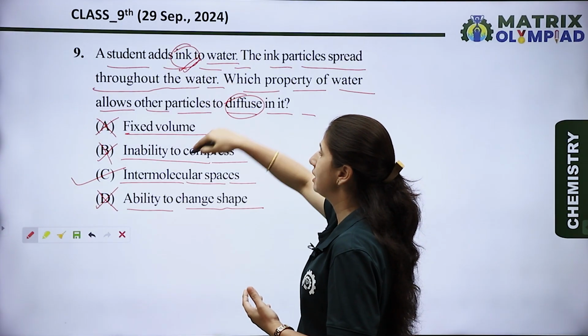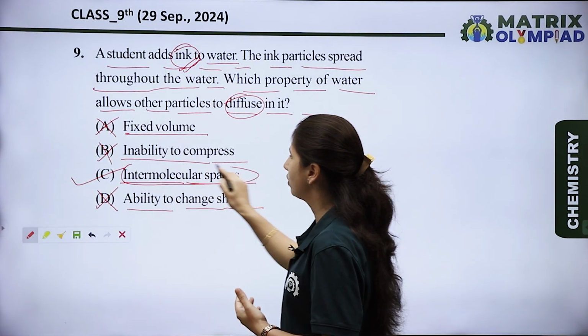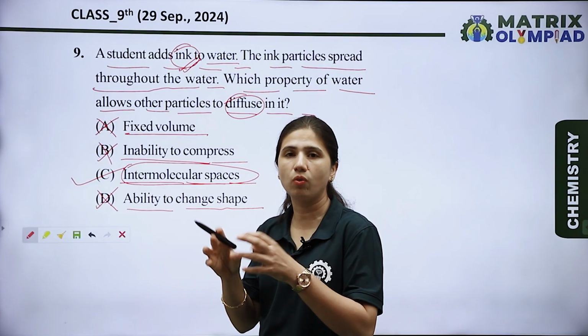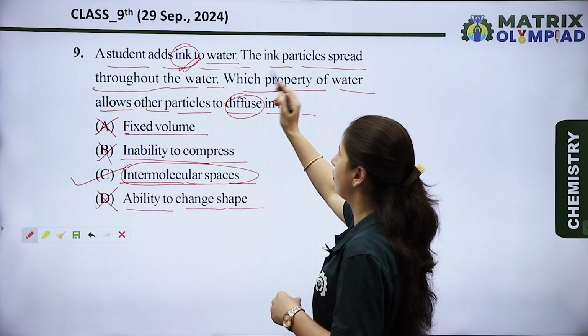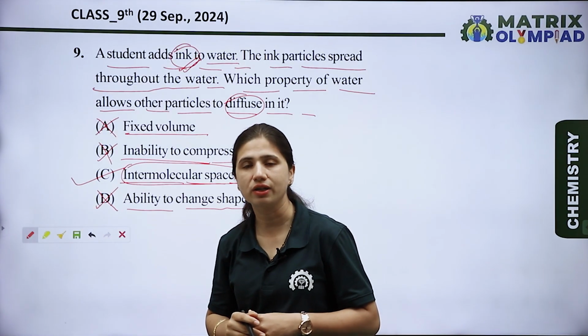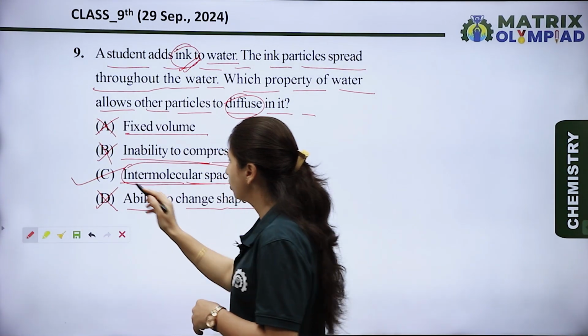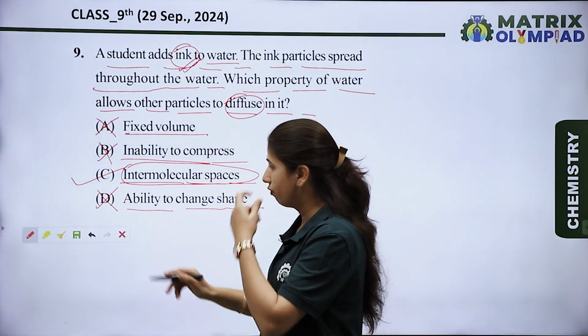Any solute can easily use these intermolecular spaces and spread in the water, or easily dissolve in the water, because water is a universal solvent and it can easily dissolve any solute in it. So option C is the right option.